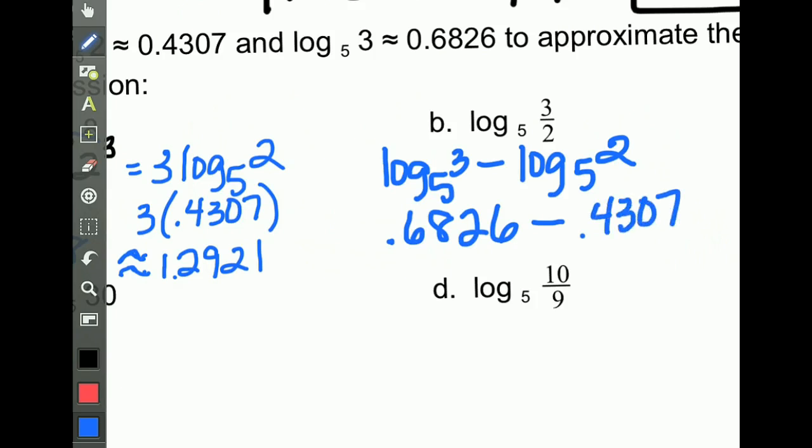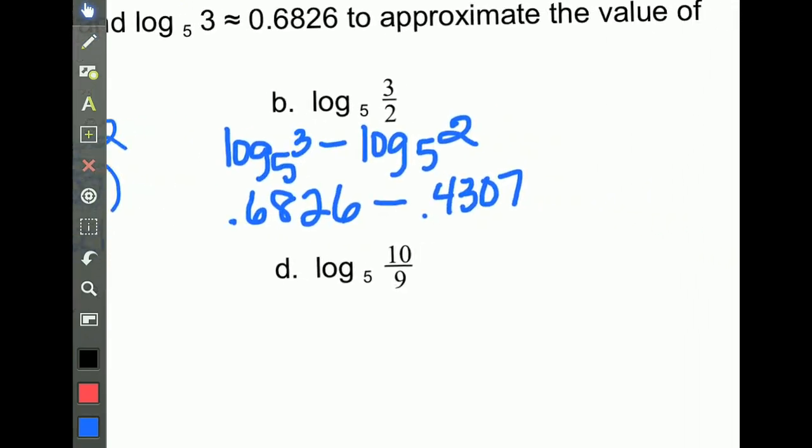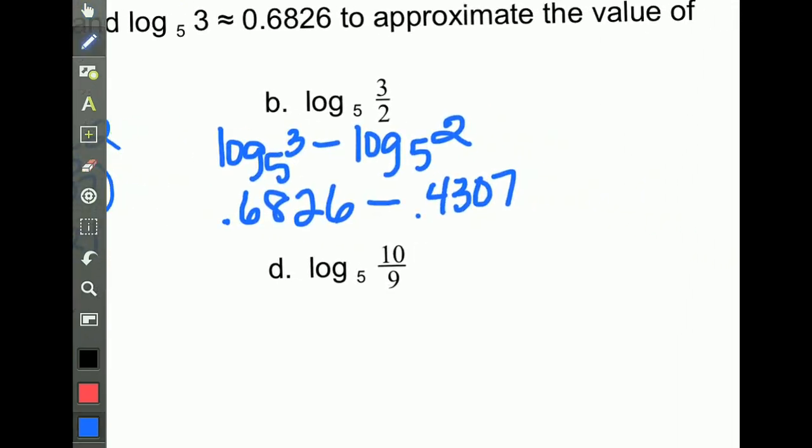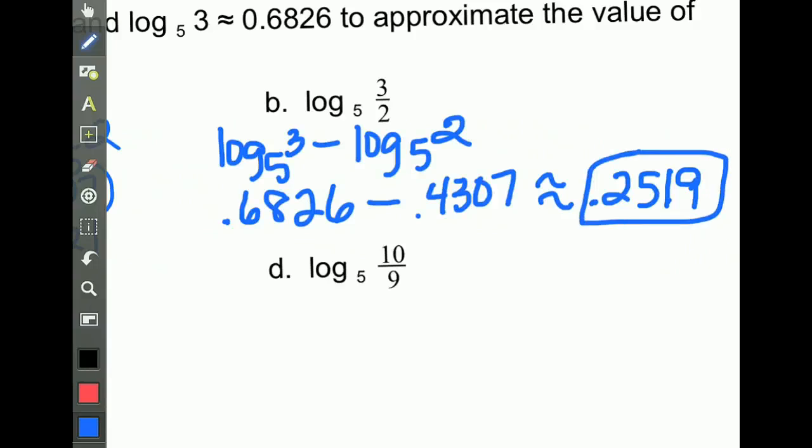So your answer should be about 0.2519. And you can check that again. That means if I raise 5 to that power, I should get 3/2 or 1.5.